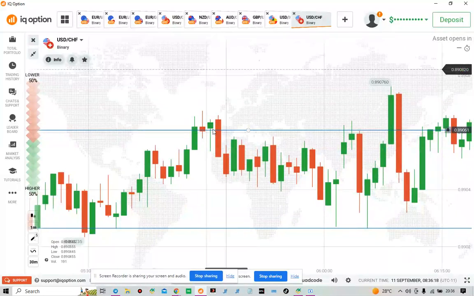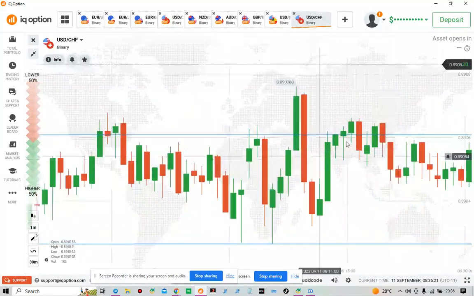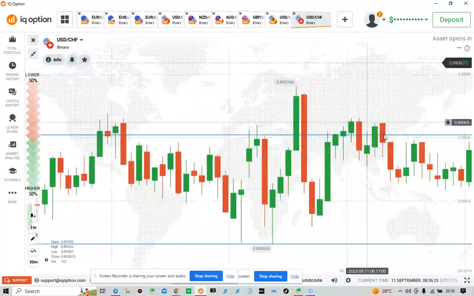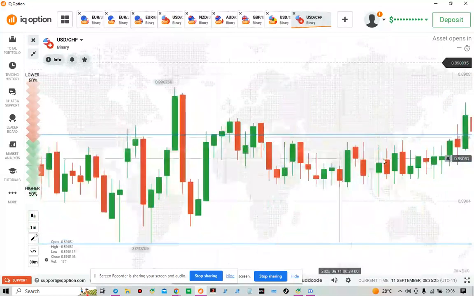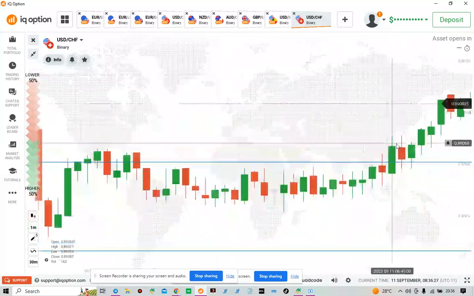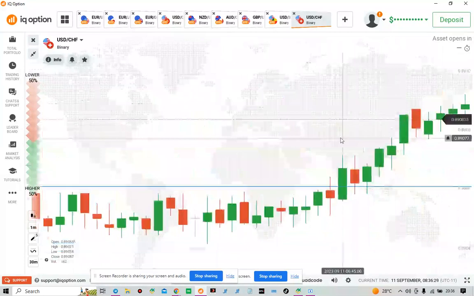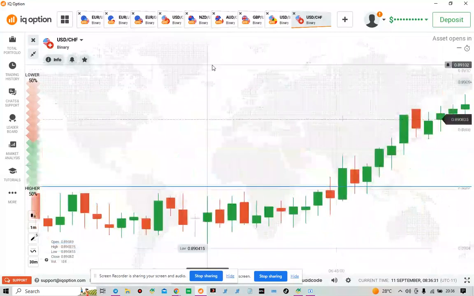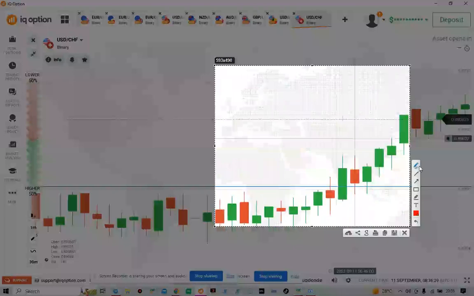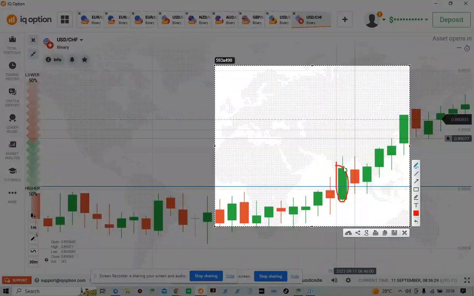I'm using this one. You can see again the price acts as a resistance and then reverses. And then this candle finally breaks the line. So what I'm expecting is the price to come back again to the same level and close below the line. Then I'll go with a call option.